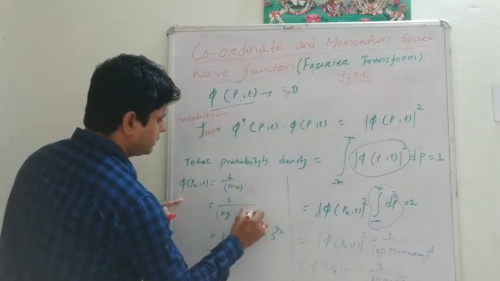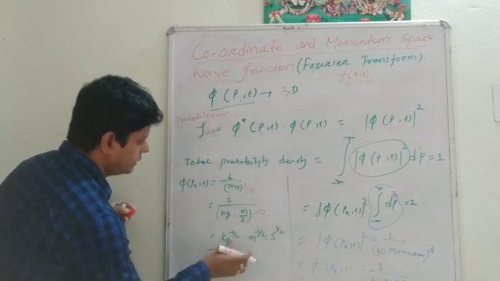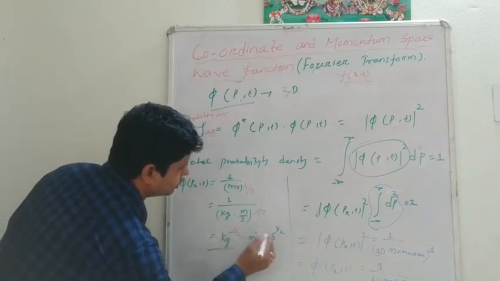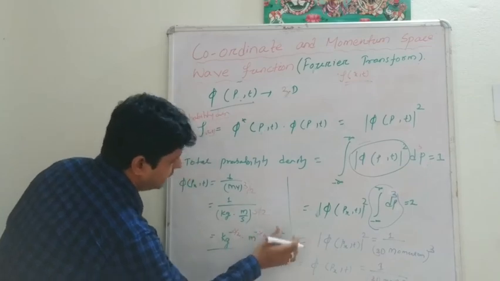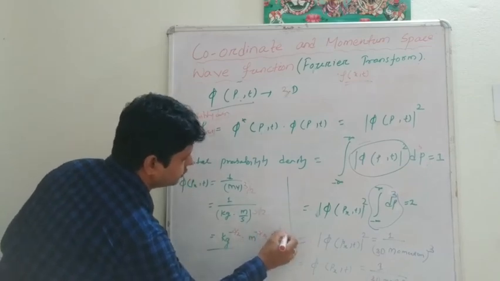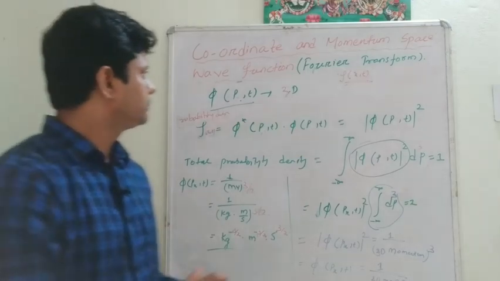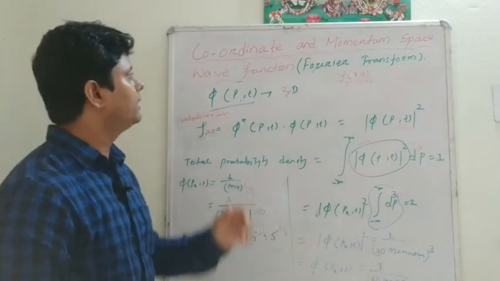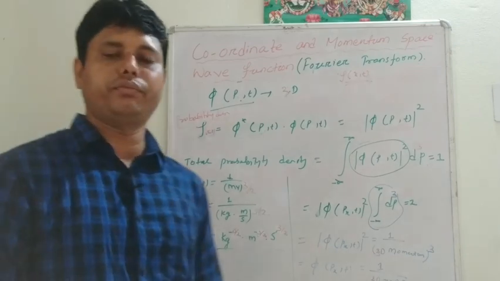It will be 3 by 2, and this will be kg to the power minus 3 by 2, meter to the power minus 3 by 2, and second to the power 3 by 2. So this is what we have discussed about coordinate and momentum space wave functions.